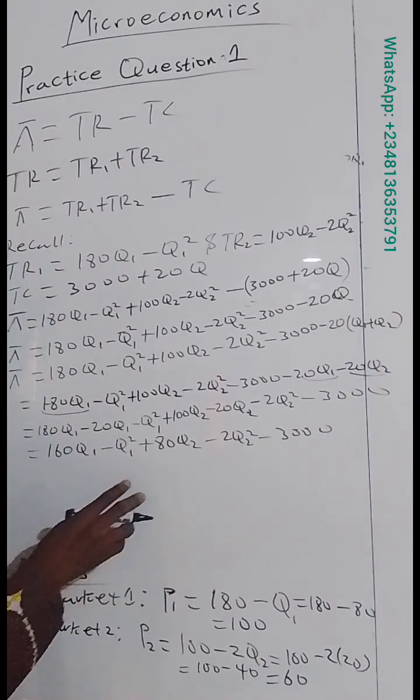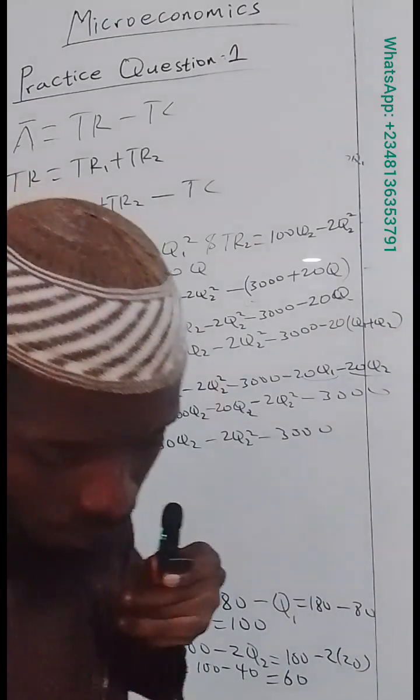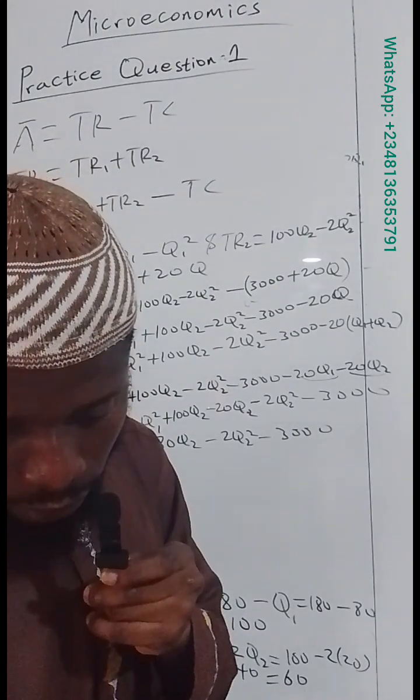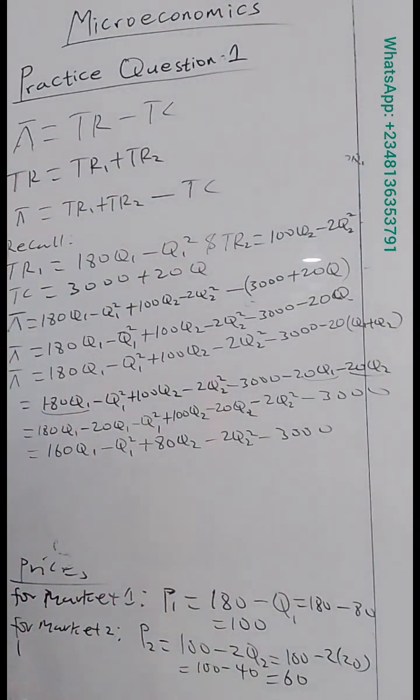The next thing is to plug in the values we got for Q1 and Q2 into this function. What values do we get? For Q1 we got 80, and for Q2 we got 20.